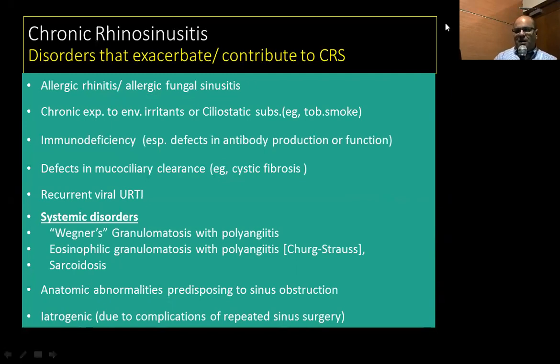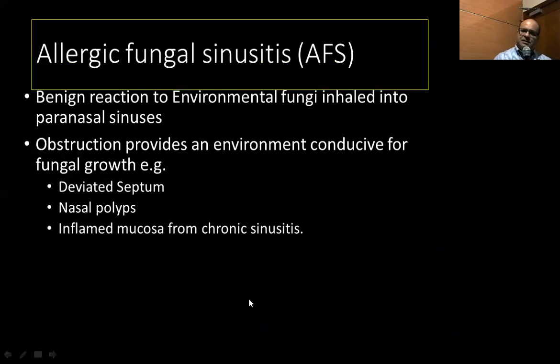Not to neglect some of the other conditions: defects in mucociliary clearance in cystic fibrosis patients, and systemic disorders such as Wegener's, now called granulomatosis with polyangiitis, as well as eosinophilic granulomatosis with polyangiitis, Churg-Strauss, and sarcoidosis. Anatomic abnormalities can predispose to sinus obstruction, and of course, repeated surgery or iatrogenic conditions.